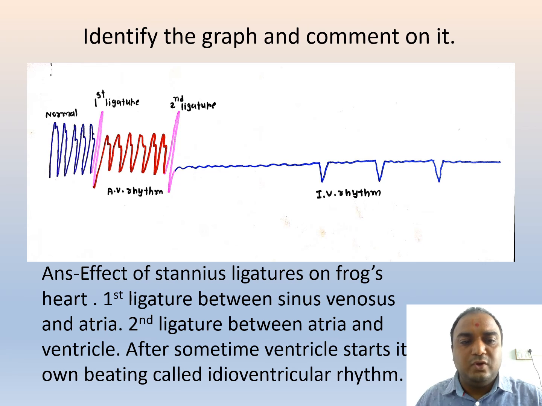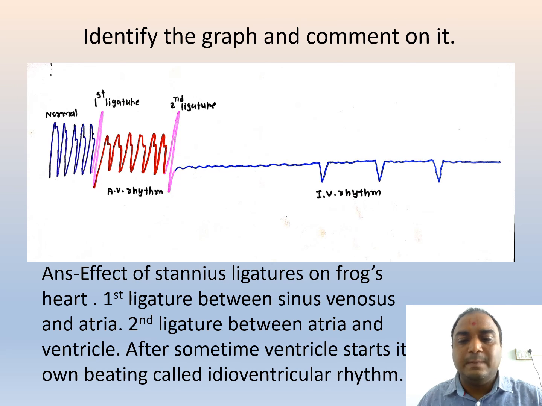In another graph, you can see the normal cardiac rhythm, some ligature here, and some different rhythm here. So it is an atrioventricular rhythm, then a second ligature and some flat line with no cardiac rhythm, then some irregular rhythms. This is a graph of the effect of Stannius ligature on the frog's heart, where the first ligature is tied between the sinus venosus and atria.